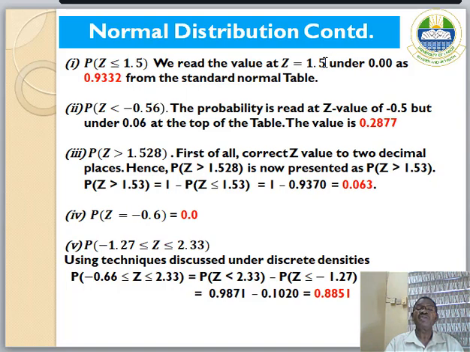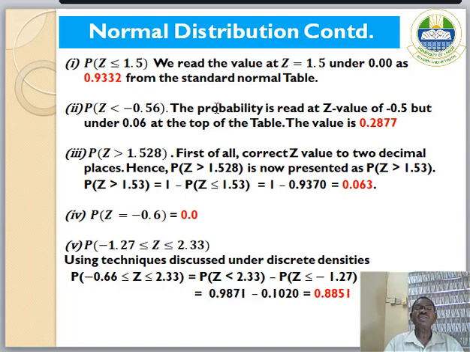In this 1.5, there's no second decimal place, so we read 1.5 under 0.0. That value is 0.9332. Now, how do we find the probability that Z is less than minus 0.56?